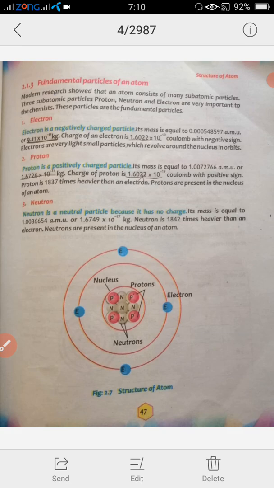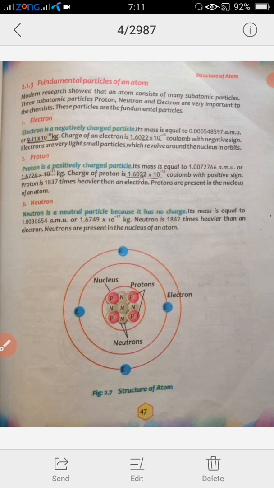And we have learned in the previous topics that electrons are the subatomic particles and move around the nucleus in a circular path, which is known as the orbit, energy level or shell. And the next one is proton.